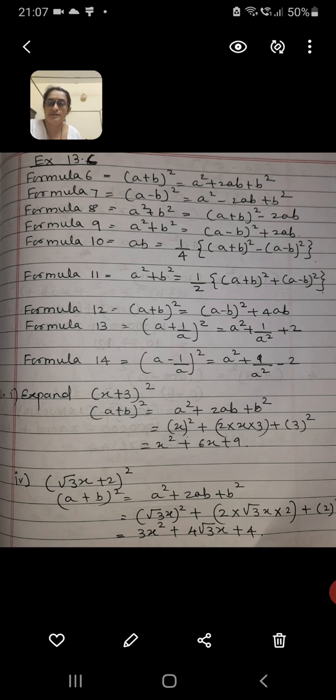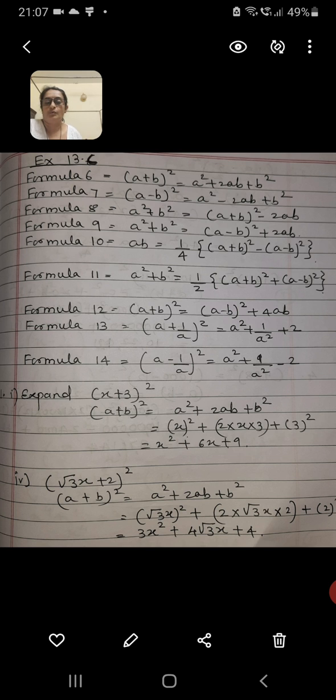We are going to use the sixth formula, that is a square plus 2ab plus b square. Now x is a here, 3 is b here. So replace the values in the formula, that gives you x square plus 2 into x into 3 plus 3 square. So that is x square plus 6x plus 9.